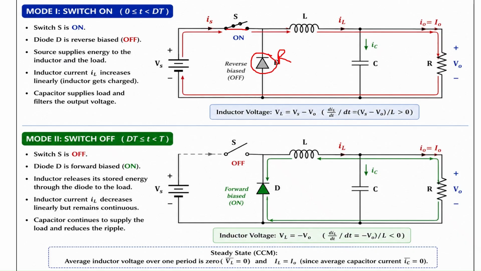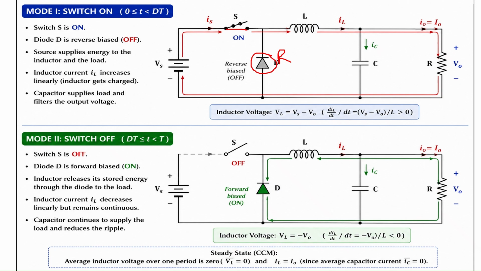During the interval T on, the switch is closed, the source current is flowing through the inductor, then to the load, and then back to the negative side of the source. Diode is reverse biased, so no conduction occurs in the diode.